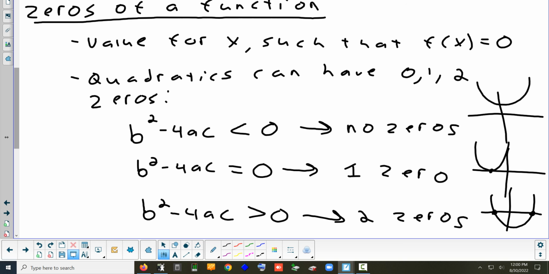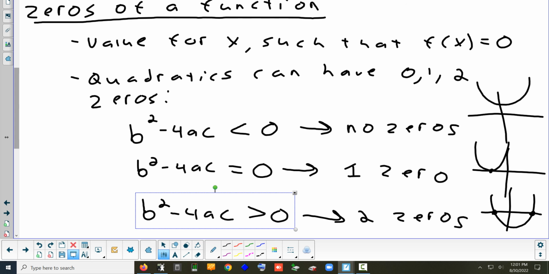It doesn't actually find them for you. This is only part of the quadratic formula. If you want to actually know what the 2 zeros are, well then you've got to do the whole quadratic formula. But if you just wanted to know how many, you can do this quick check and see if it's less than 0, equal to 0, or more than 0. Wait, what would we use that for? To determine how many roots a graph has, or how many times it crosses the x-axis.